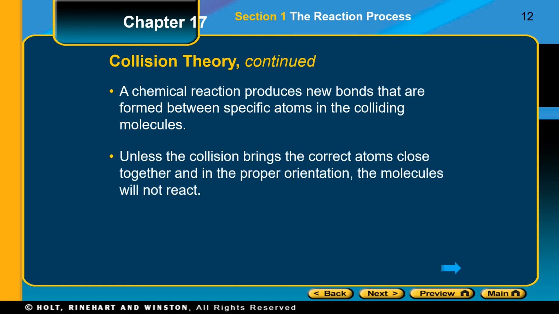Now, unless the collision brings the correct atoms close together, that's the reason why we had three different pictures there, close together and in the proper orientation, the molecules will not react. So that's one of the reasons why all reactions don't occur at the same rate, because the orientations are rather random.